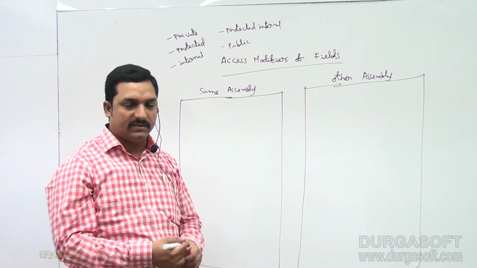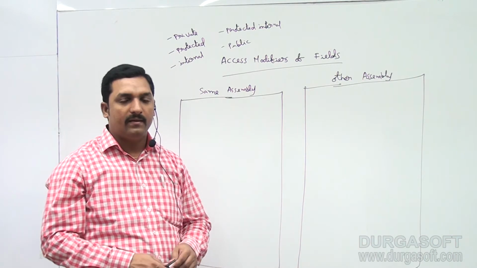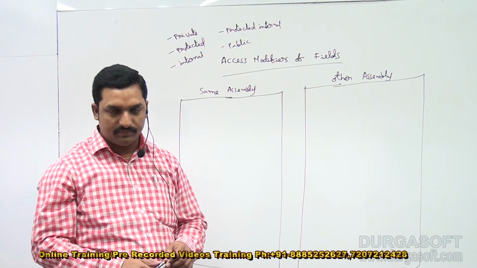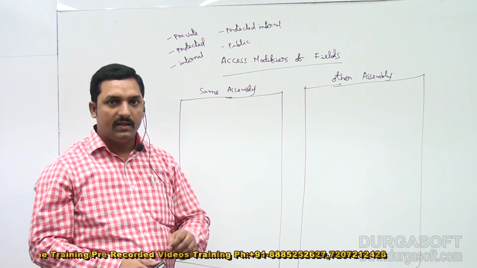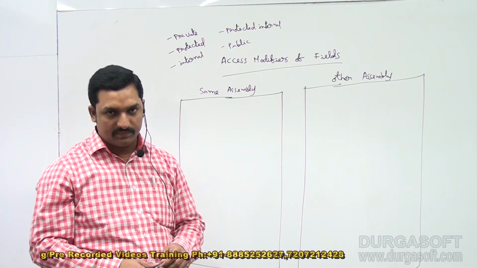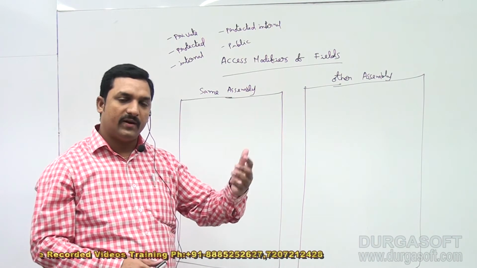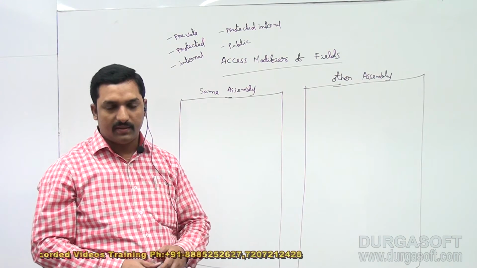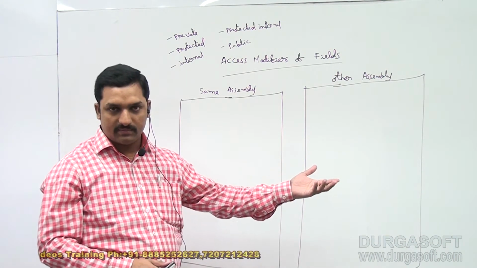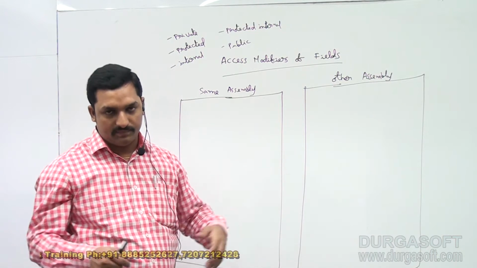See, just a small example I will provide to understand. Suppose you are living in one country right now. In which country are you living now? India. That is our current country, present country. We have different other countries also. All the remaining countries are what? Other countries, different countries other than India.